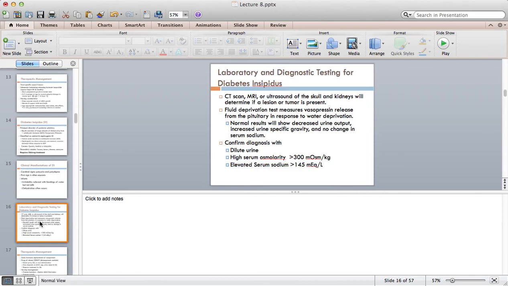Once you hold off water, you just want to look at the release of vasopressin or DDAVP hormone from the pituitary gland.